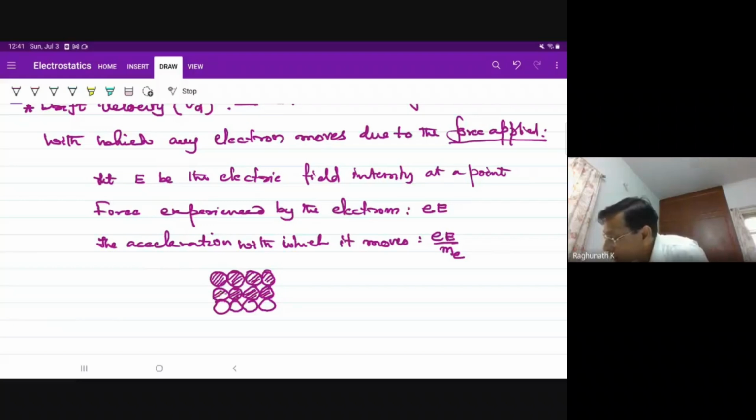Correct? If at all the electron passes through this cross section, it has to pass through the interstitial spaces only. This is the axis. This is the cross section, right? Conductor is perpendicular to the page now.